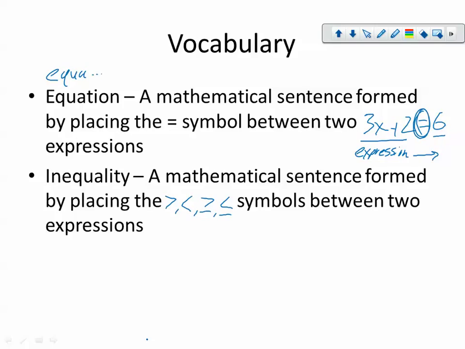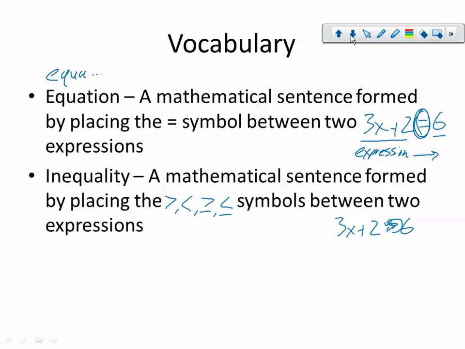So it's very similar to what we had before, but instead of saying that the two things are equal to each other, we're saying that this side is bigger than this side, because the alligator always eats the bigger number, right? Rawr, it eats the bigger number. That's your first grade moment right there. They're saying that this side is bigger, not equal. So we call them an inequality, as in not equal.